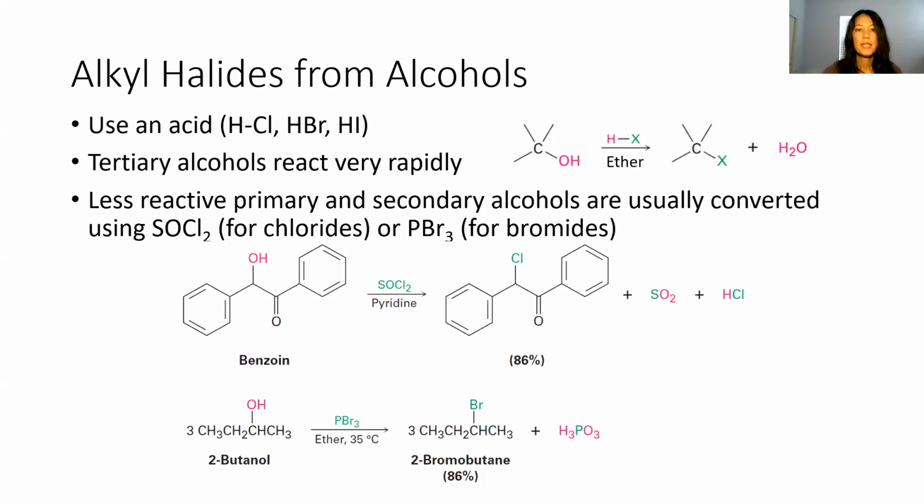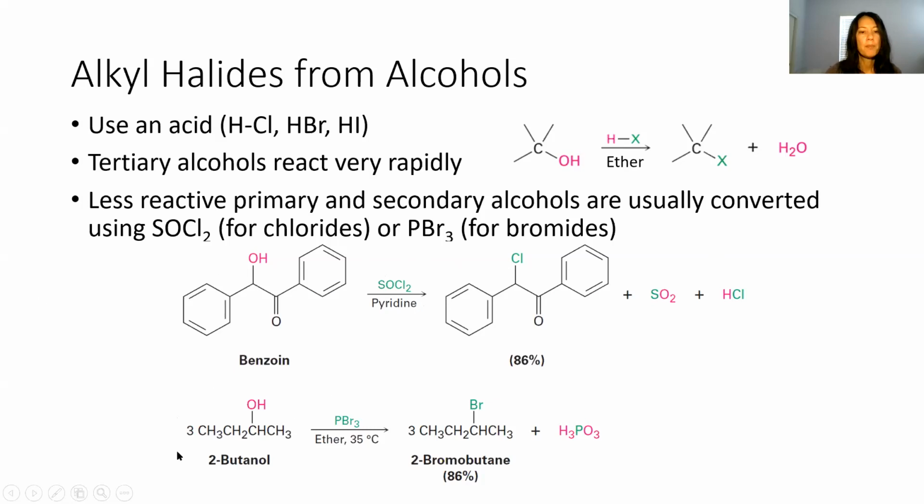So basically, you swap out the OH for a Cl using this reagent mixture here. The pyridine is there to sop up any HCl liberated in that reaction. So again, secondary or primary, if you want to make an alkyl chloride, use SOCl2 and pyridine.